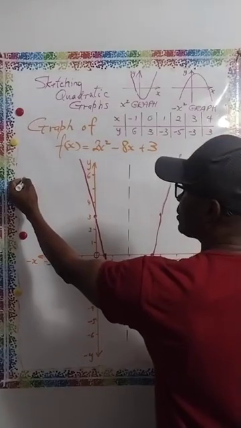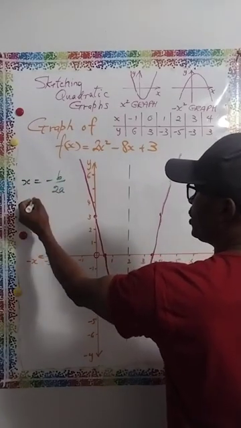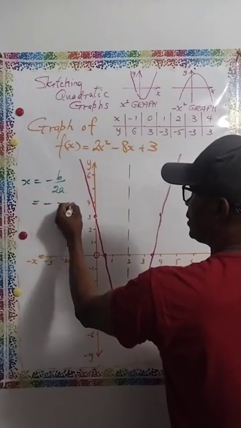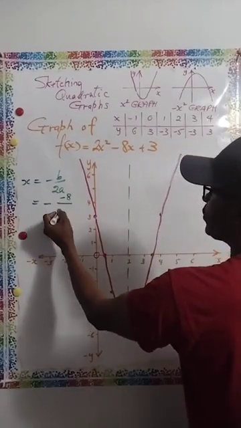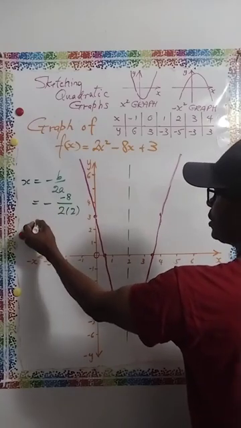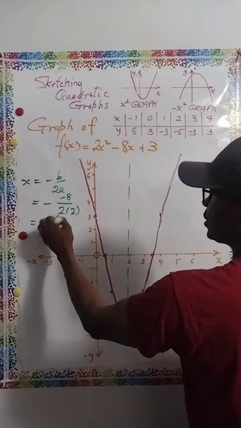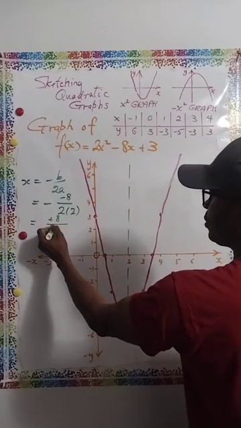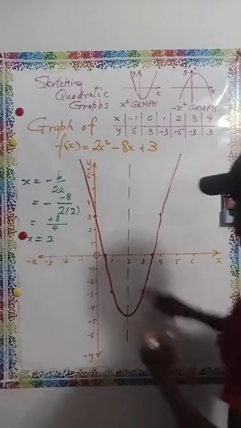The formula for the line of symmetry is x is equal to negative b over 2a. We have negative, what is b? b is negative 8. And a is what? 2. So we're going to have what? Negative 8. A negative times a negative is a positive. There you go, over 4. So indeed, it is 2.